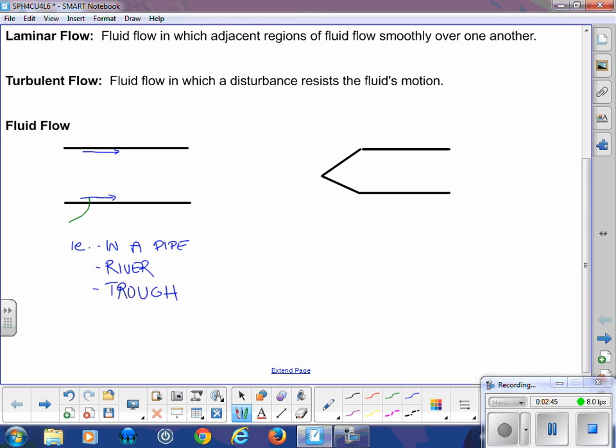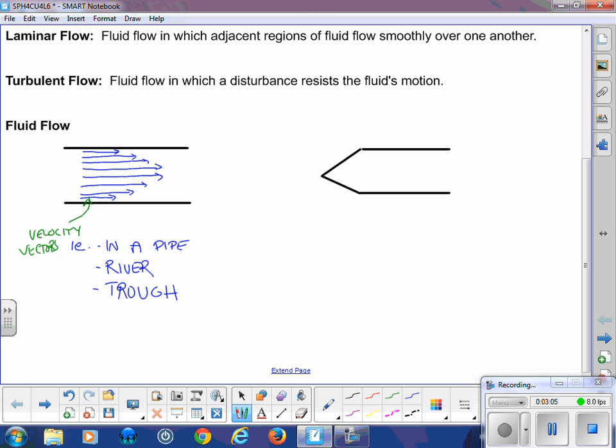I'll just put velocity vectors. So it's experiencing some friction. The farther you get away from the wall, the higher your velocity because you're not in nearly as much contact with that wall.